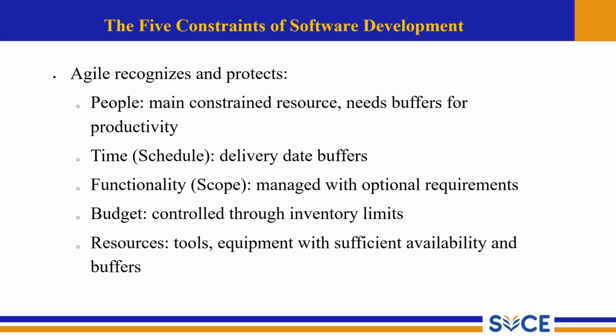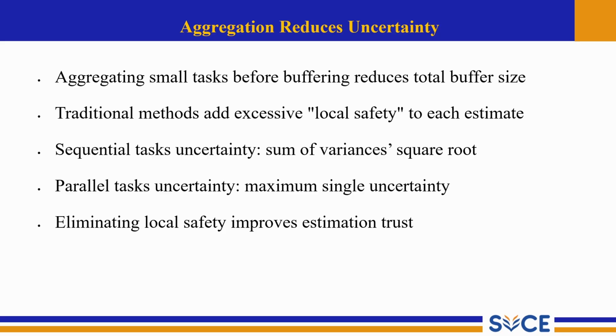And fourth one is budget. This means spending is kept under control by not overloading the system. And last one is resources, tools, equipment with sufficient availability and buffers. Proper allocation prevents delays.